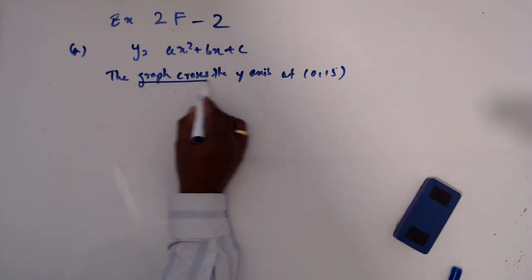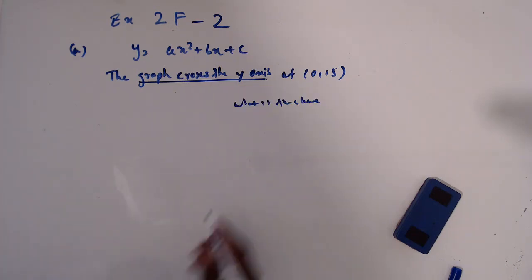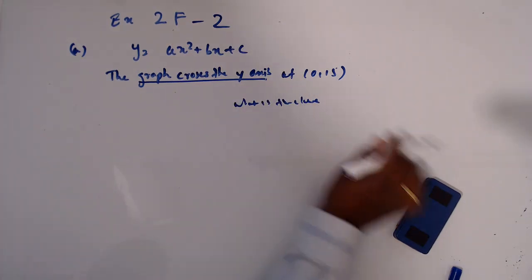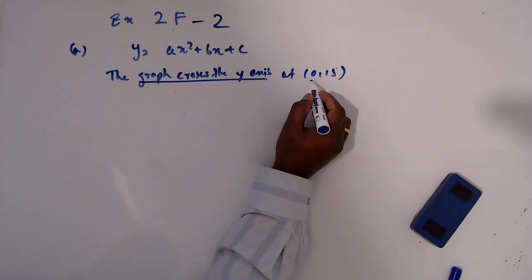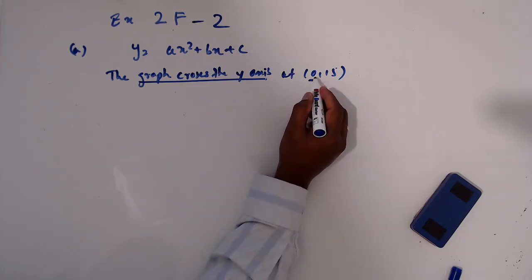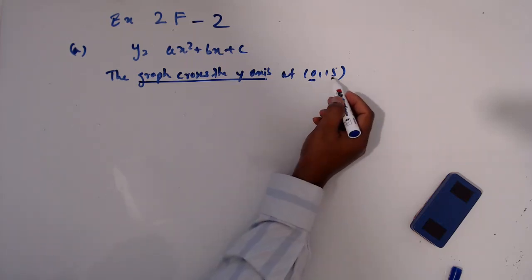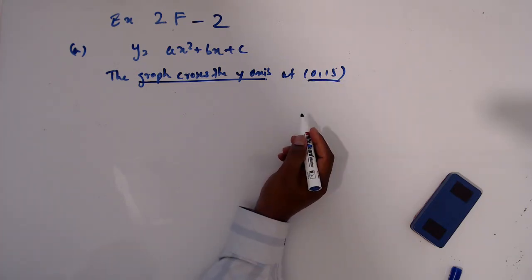Then what is the clue you can take? X value is 0 and 15 is given. So the coordinate is 0, 15.